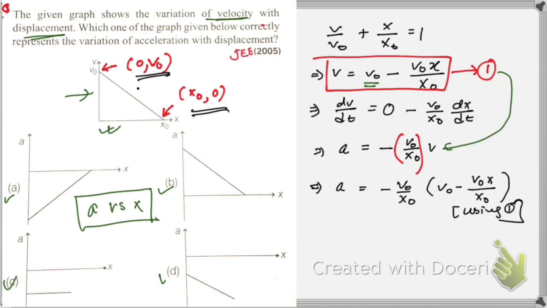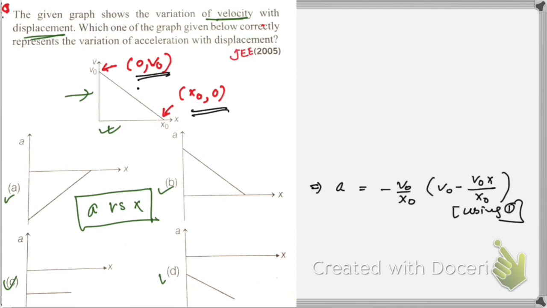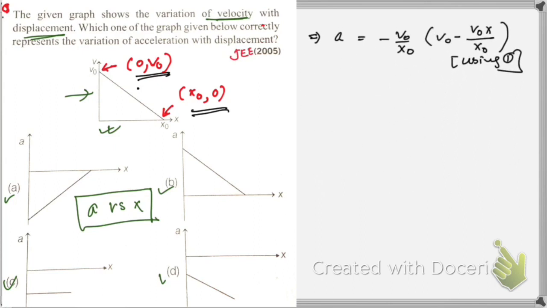So now let me clean these things. Okay, just wait. So here you see a is equal to, now if you multiply on the right hand side, you will get minus v naught square by x naught plus v naught by x naught whole square into x.